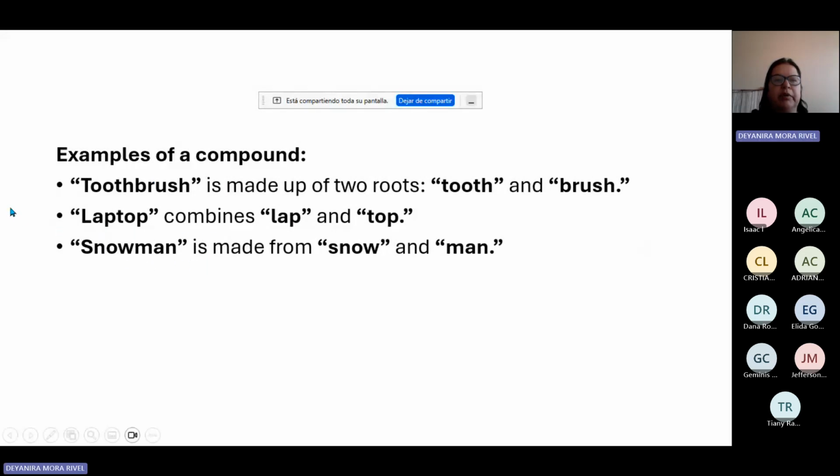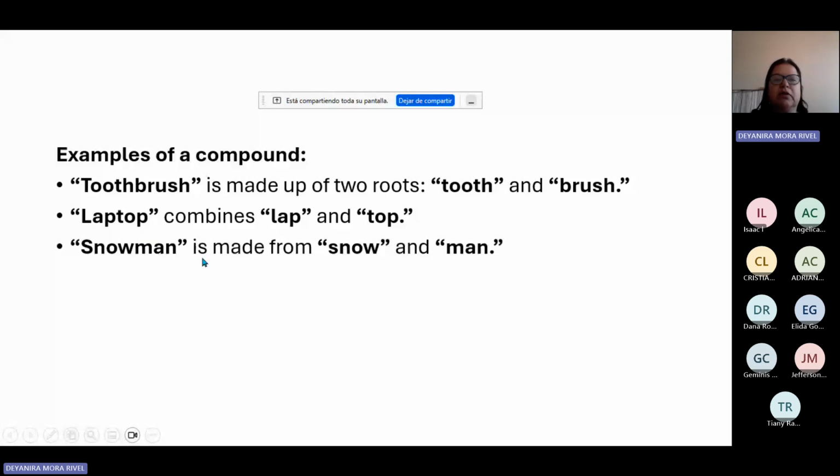A laptop combines lap and, well, top, I'm not sure. Lap, of course, because you put it in your lap. And the part of top, I don't know why top, because we can also say laptop computer. I'm going to look that up.